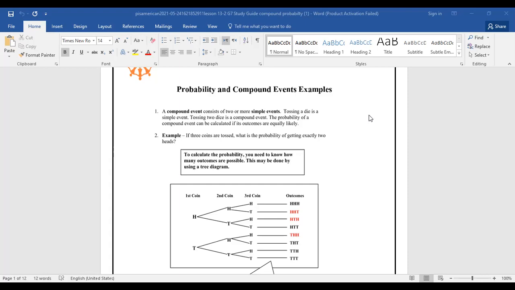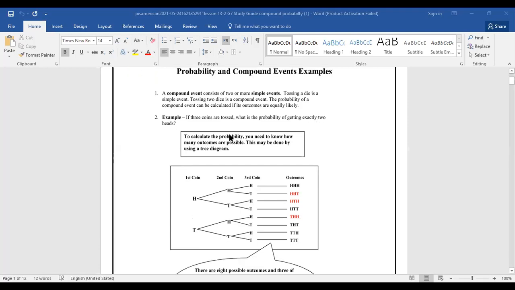In case you have a coin, what are the outcomes for the coin, grade 7? Heads and tails. So how many? Two, right? In this question, you have 3 coins. So we want to know the probability of tossing 2 heads.